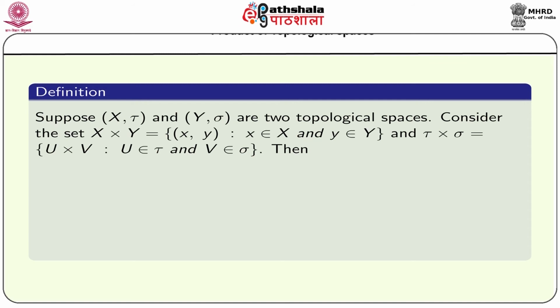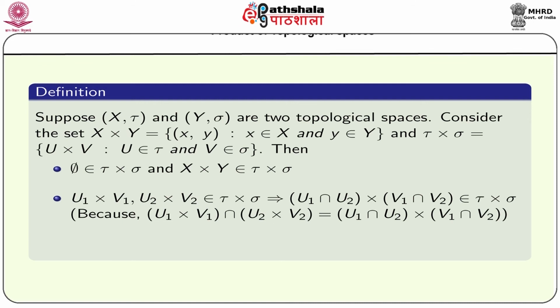We take tau cross sigma as the collection of all sets of the form U cross V such that U is an open set of X and V is an open set of Y. Then we see that the empty set and X cross Y, that is the whole set, both are inside this collection.